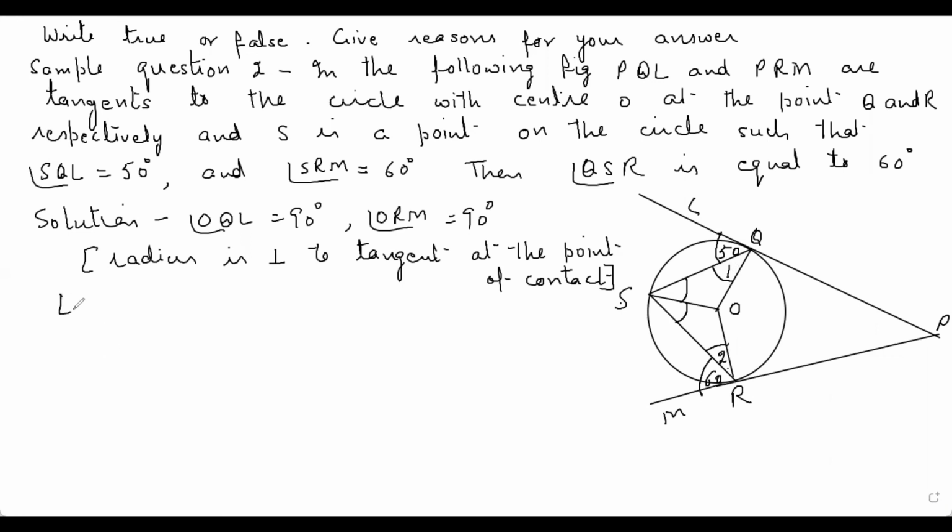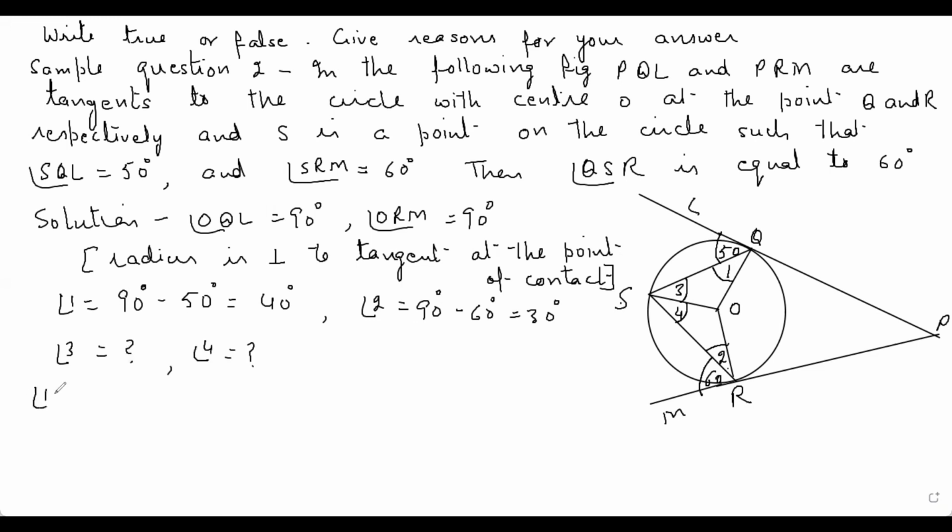Now angle 1 is equal to 90 degrees minus 50 degrees, which is equal to 40 degrees. Similarly, angle 2 is equal to 90 degrees minus 60 degrees, which is equal to 30 degrees. Now let this angle be 3, let this angle be 4. I am to find angle 3 and angle 4.